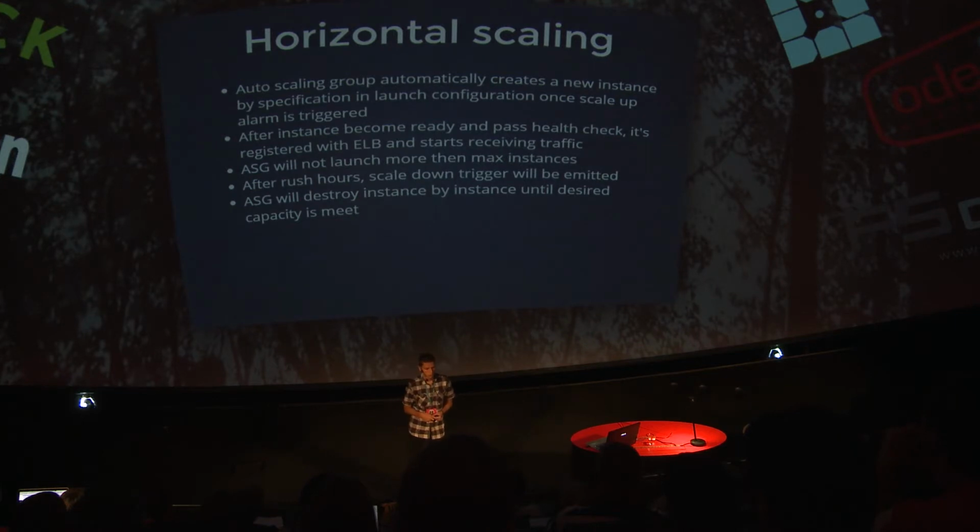Also, after rush hour passes, this Auto Scaling group will remove instances one by one until desired capacity is met, and all this scaling is done by the alarm triggers that you have defined, and in this case it is CPU utilization.